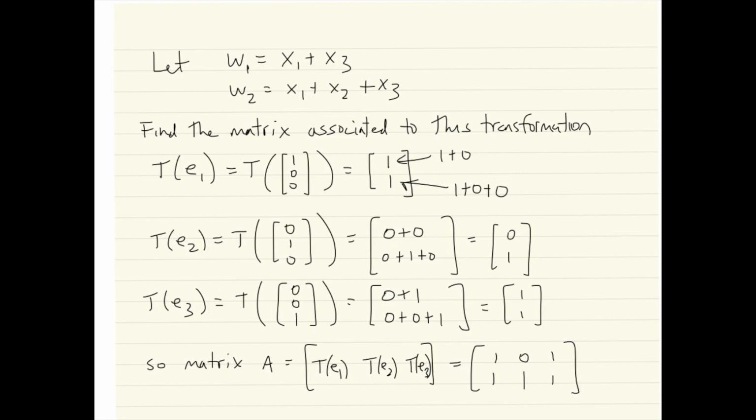What we learned on the last page is that all you have to do is plug in the standard basis vectors, and the output will give you the corresponding columns. So if we plug in E1, remember E1 in the case of R3 is (1, 0, 0). The transformation applied to (1, 0, 0) says, take the first and third numbers you give me, so 1 and 0, and add them.